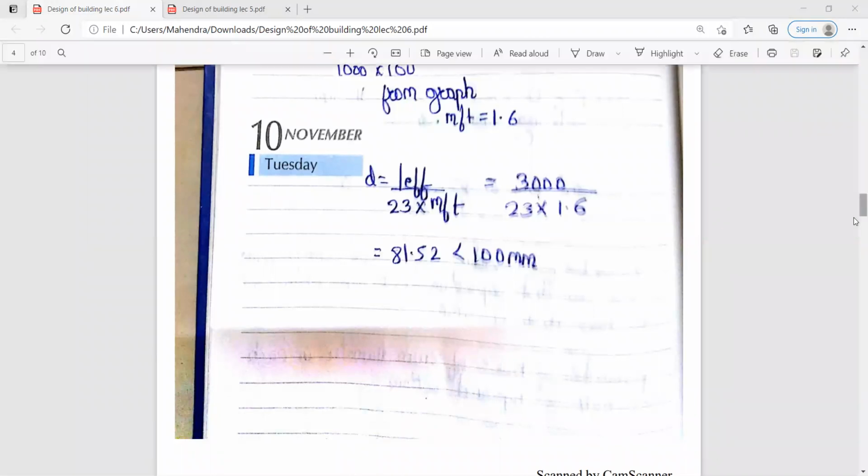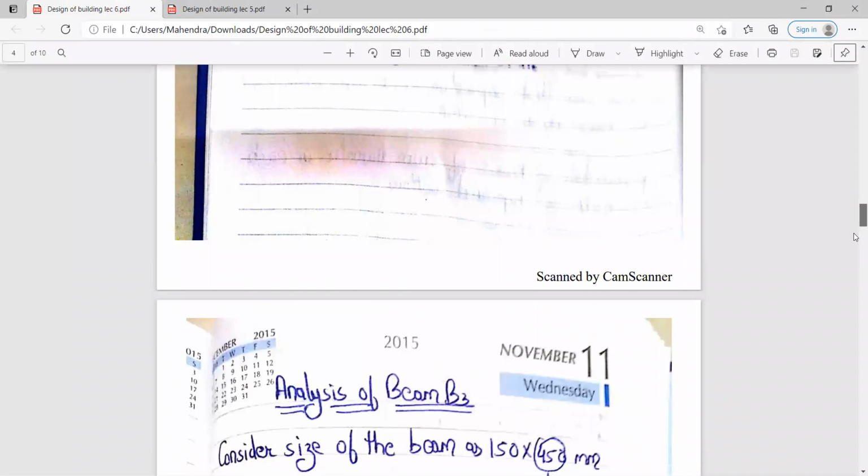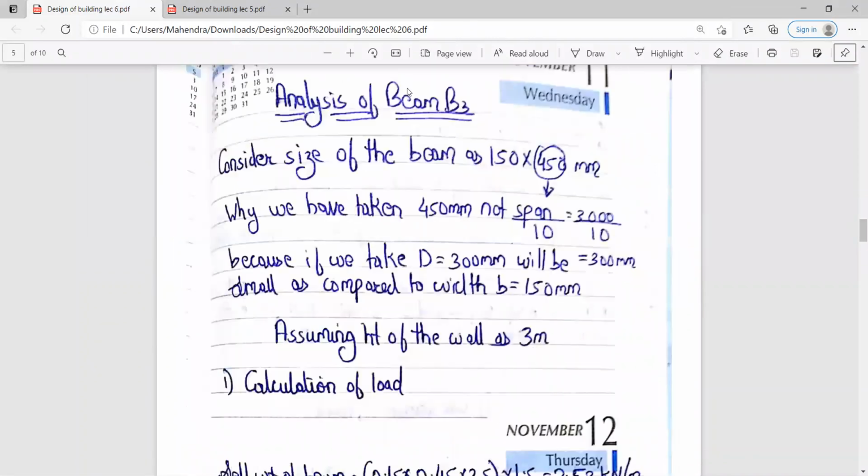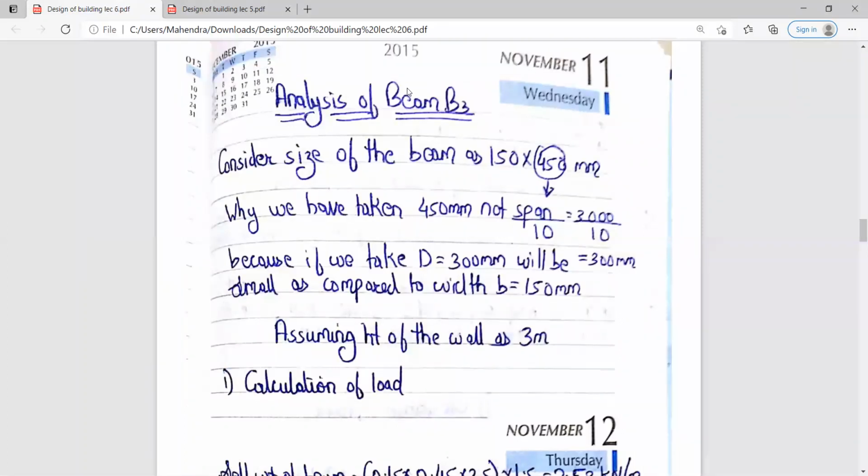Then after this, you need to design for the beam B3. Yes, everyone understood the slab design? Anyone having any doubt in the slab? S1 and both the slabs that we had designed. We had started with the design of slab S3, and here slab S3 and S2, we designed both the slabs.